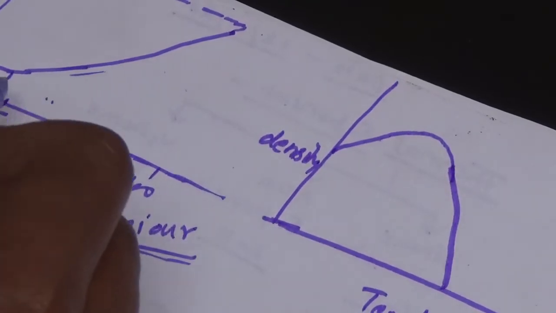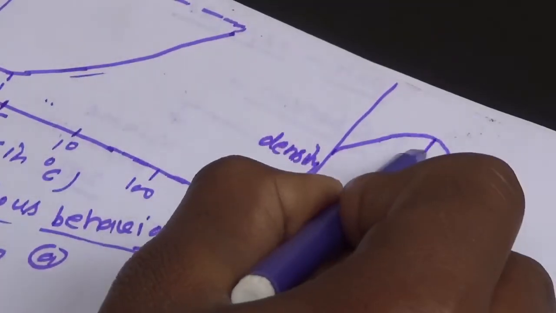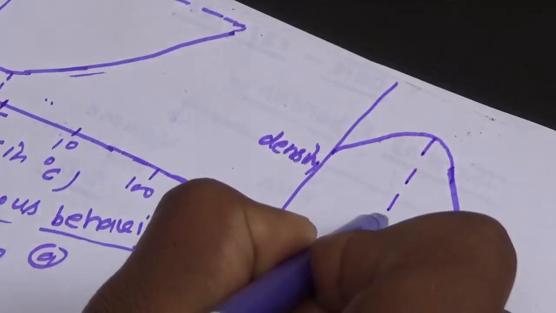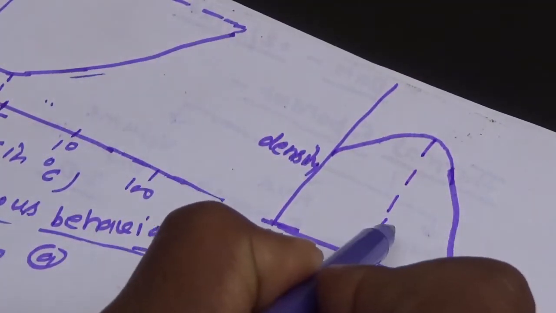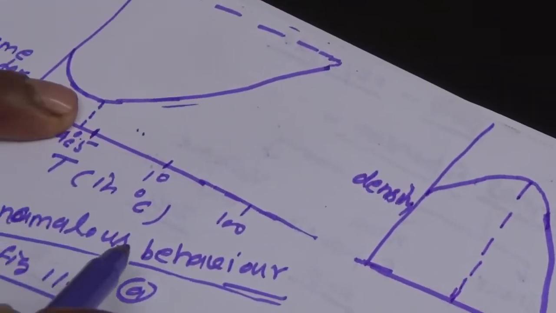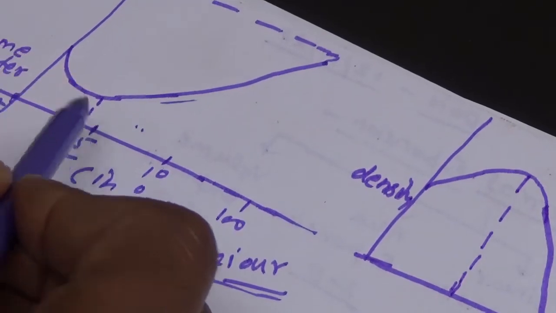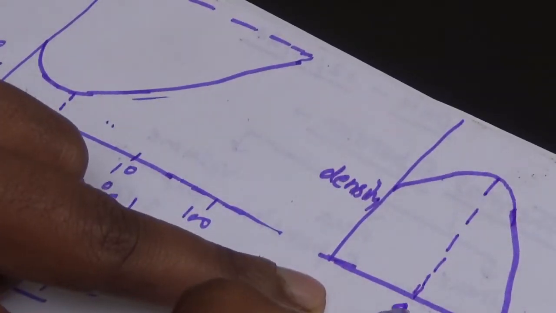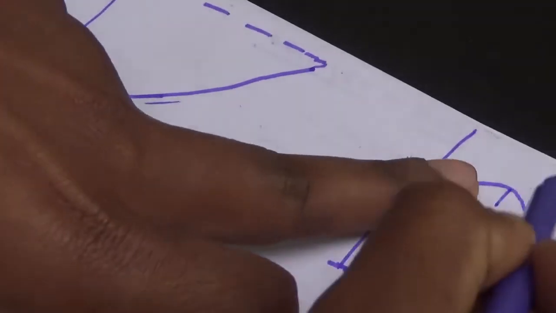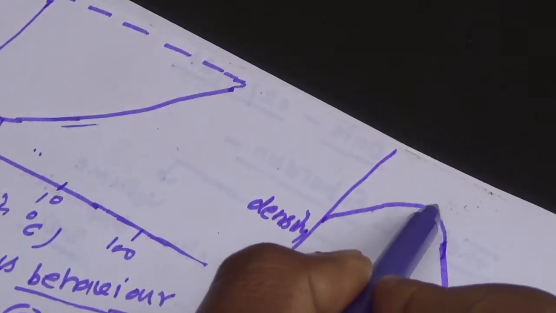Here, firstly between 0 and 4, we can say at 4 its density will be maximum, because at 4 its volume is minimum. Here we have seen at 4 its volume is very less. So at approximately 4 its density will be greater.